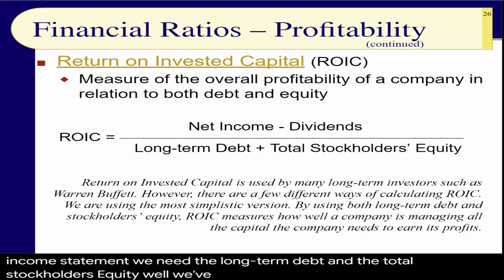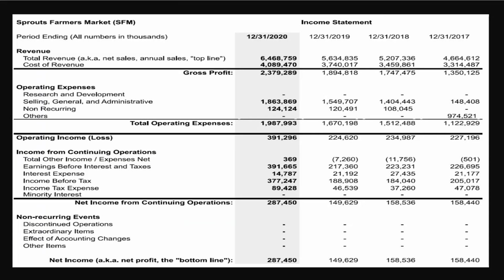Well, we've used the net income quite a bit, 287,450, and we see that they're not actually paying any dividends. Sprouts doesn't pay dividends, so we don't have to do any subtraction.